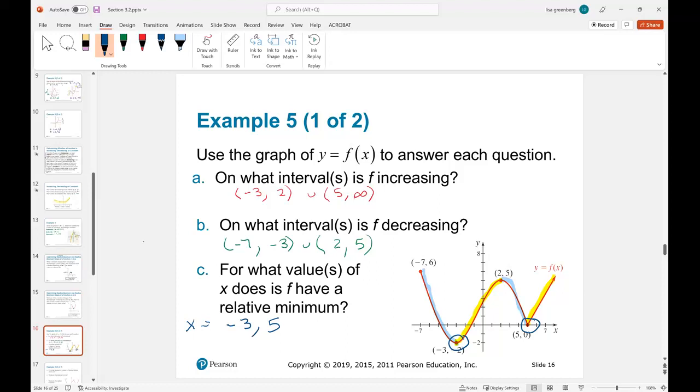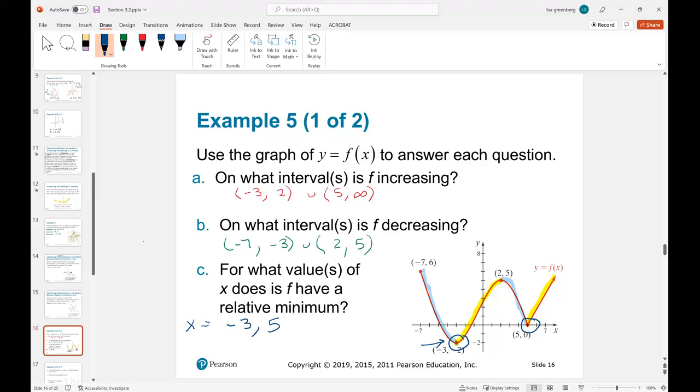So the absolute minimum is this one, because I can see here that -2 is the smallest value that this graph has. I don't believe we're going to be using absolute, but I did want to talk about the differences. So relative, I could have as many as I have. Here I have 2 relative minimums, and I have, believe it or not, only 1 relative maximum.